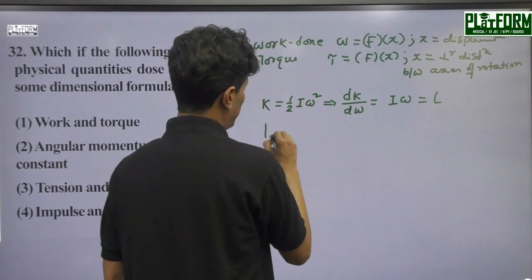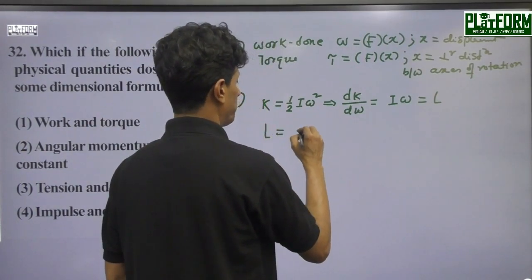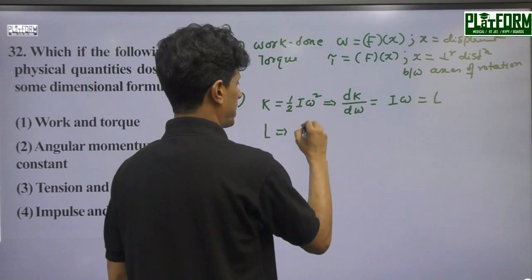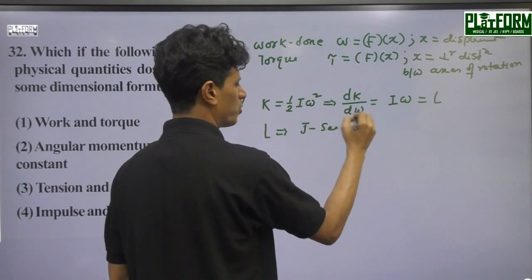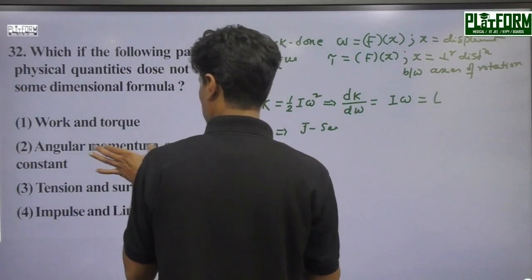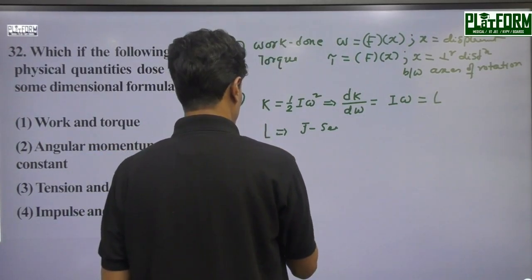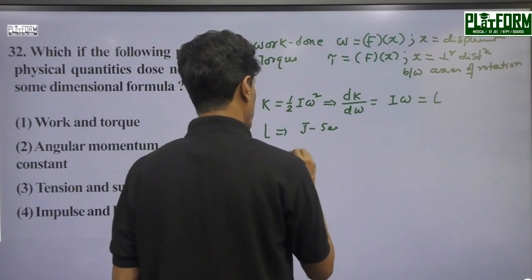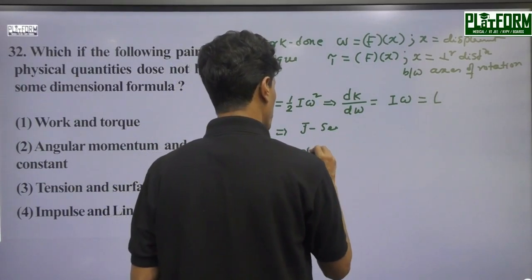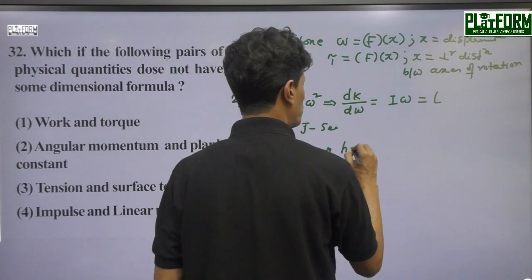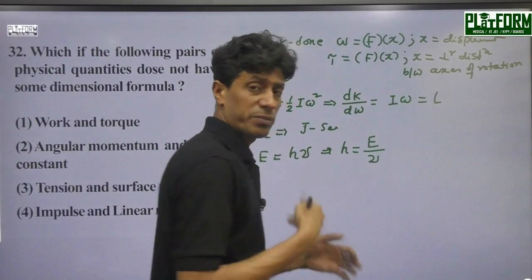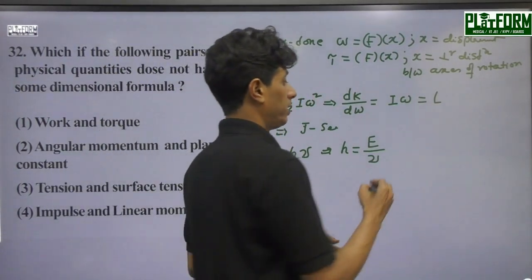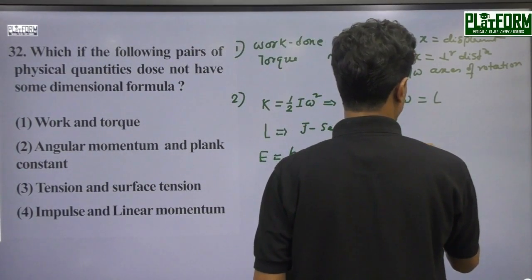Energy is in joules and omega is rad per second, so we can say it is joule second. And similarly Planck constant, energy is equal to h nu, and h is equal to E by frequency. Frequency means per second, so it is also joule second.